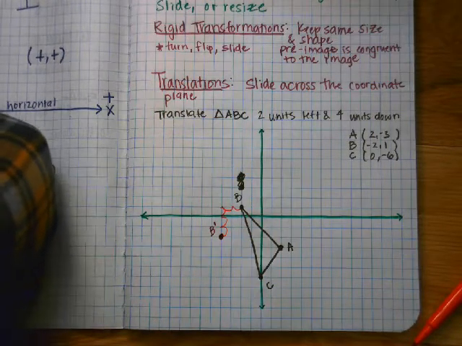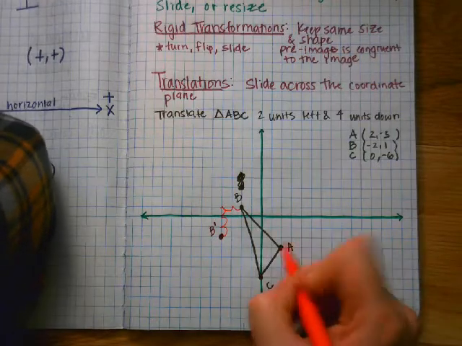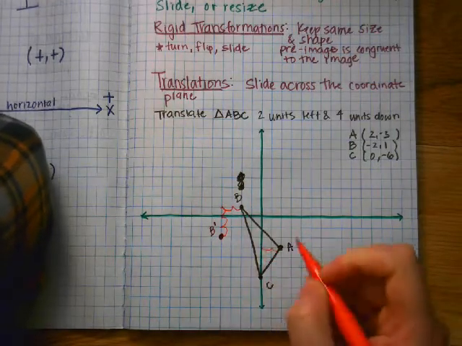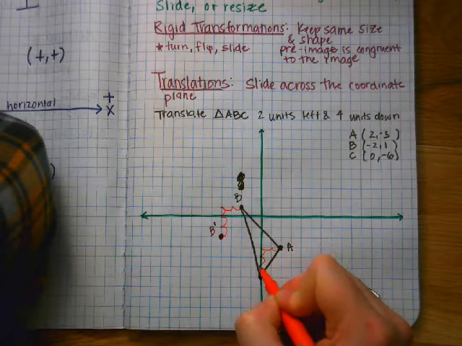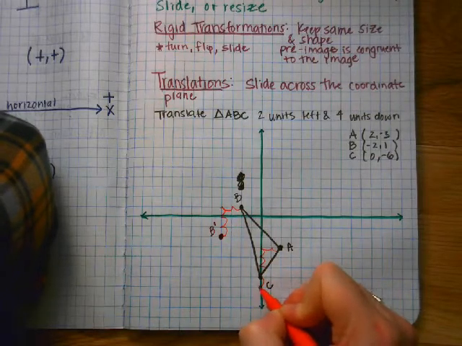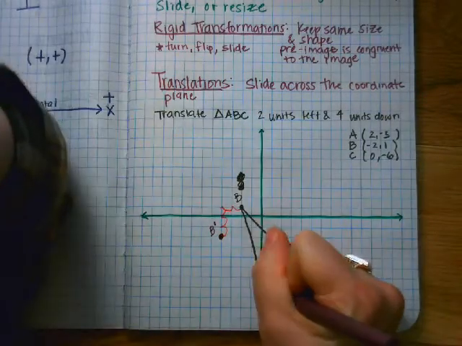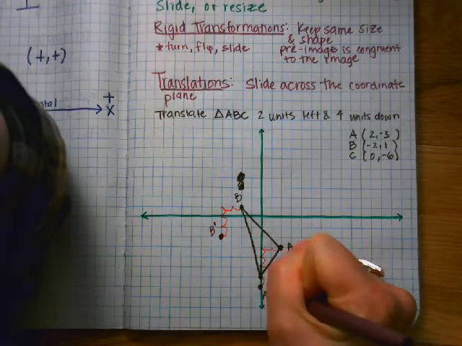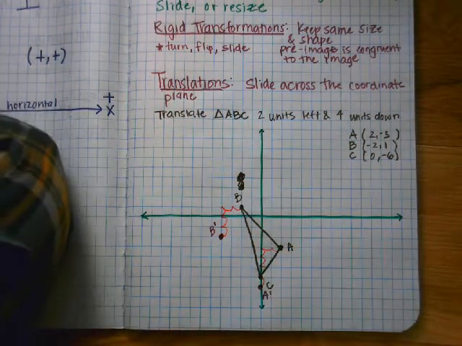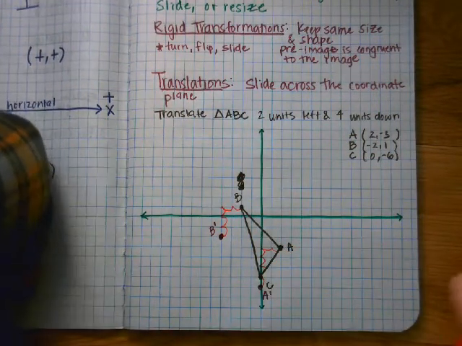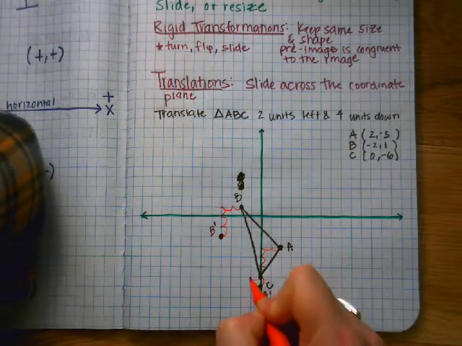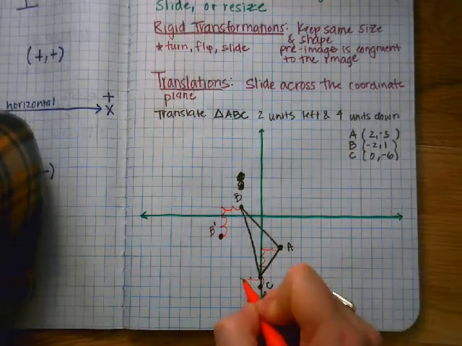Okay, so then we do the same thing with A. We go 2 left, 1, 2, and 4 down. 1, 2, 3, 4. And then this point is called A prime. And then we do the same thing with C. 2 left, and then 4 down.